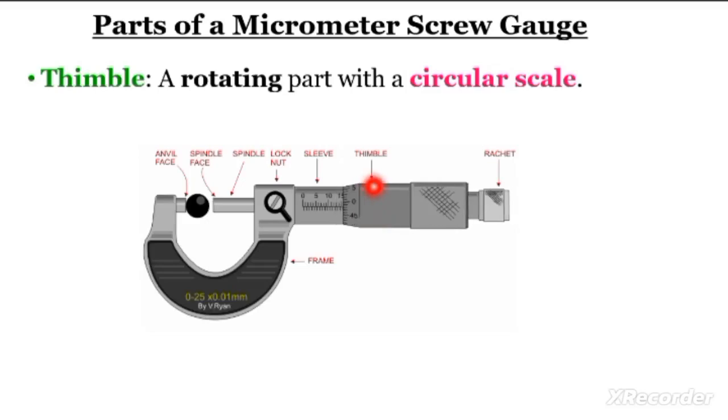As we can see, we have an illustration here. We can see the object being measured by the micrometer screw gauge. We have the anvil and we have the spindle.